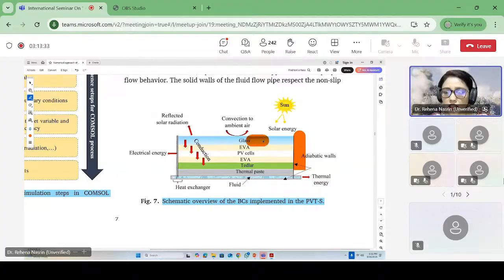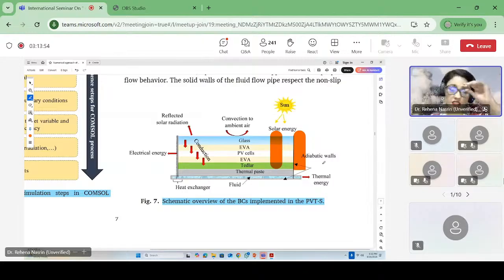It is glass, then EVA, then photovoltaic cell, and many more things. Photovoltaic cell, then again EVA, then Kevlar. This part is the photovoltaic module part. This is the solid part. Here heat is transferred only by conduction, no convection.